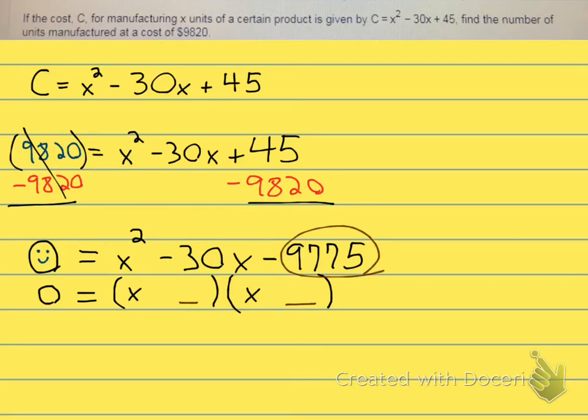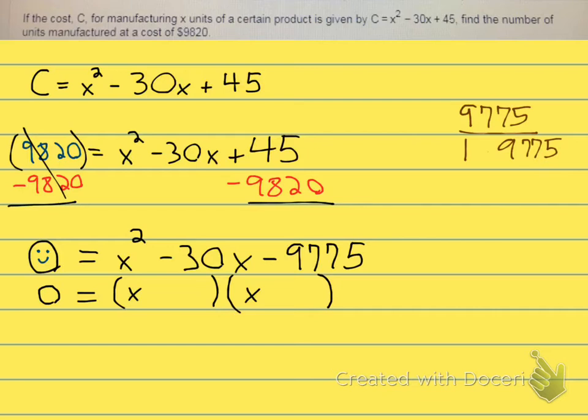So let's come over here on the side and list all of the possibilities. 9,775. Okay, now when I get my possibilities, of course it's 1 and 9,775, right? Does 2 go into 9,775?